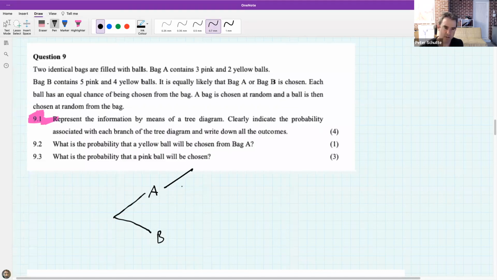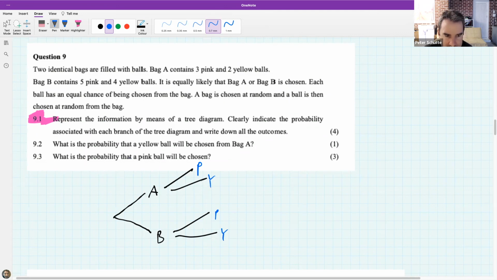Okay, so let's look at these different options. So bag A contains 3 pink and 2 yellow. Oh, wait, so there's only going to be 2 branches. So I'm getting ahead of things there. What we should have is pink and yellow, and this one should have pink and yellow, but the branches are going to have different things on.